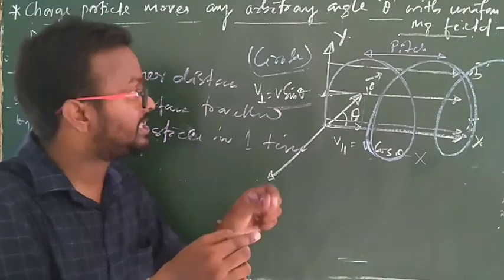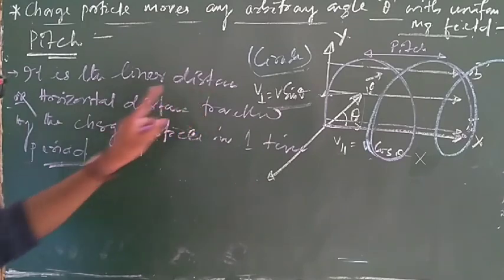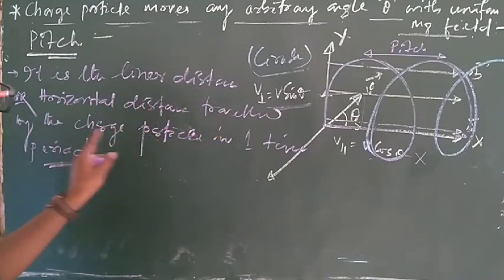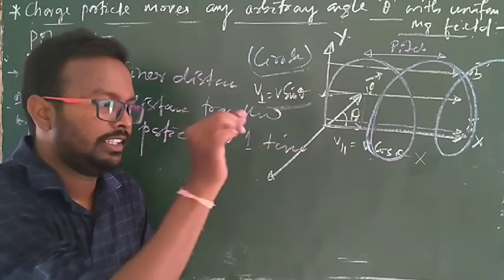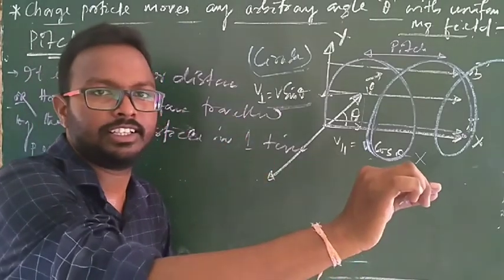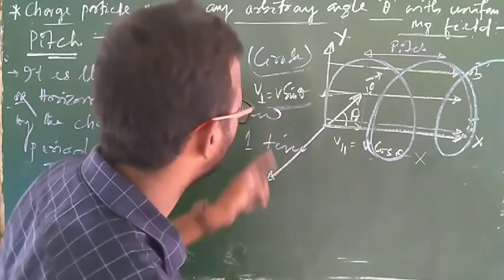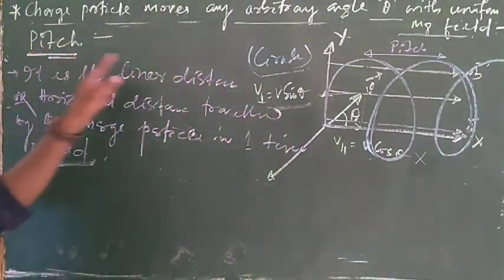So what is pitch? It is the linear distance or horizontal distance traveled by the charged particle in one time period. So if it starts at this point, then this is the helical distance to complete one revolution, and that is called the pitch of the helical path.